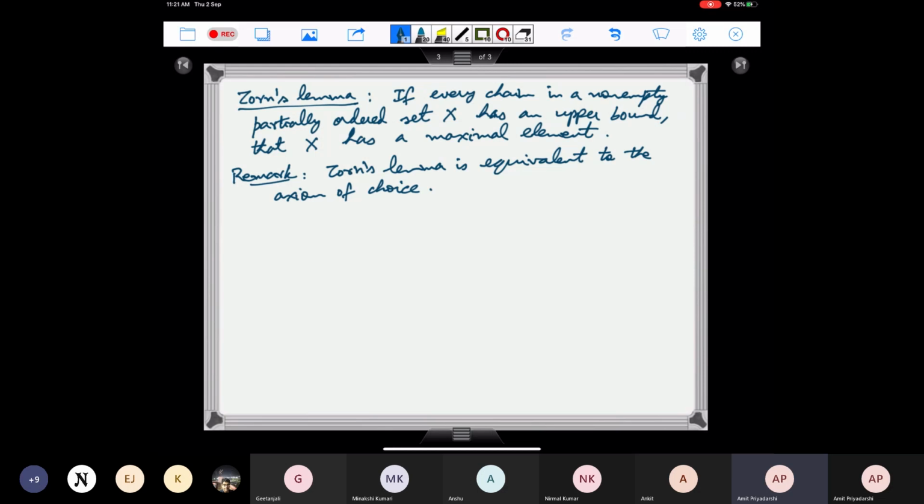Then if I have any chain in that, you can simply take the union, which will become an upper bound, and therefore by Zorn's lemma there exists a maximal element, so that will be a maximal linearly independent set, and then you can show that a maximal linearly independent set has to be a basis. Similarly, in many other places you might have seen that by using Zorn's lemma you can prove the existence of certain things.